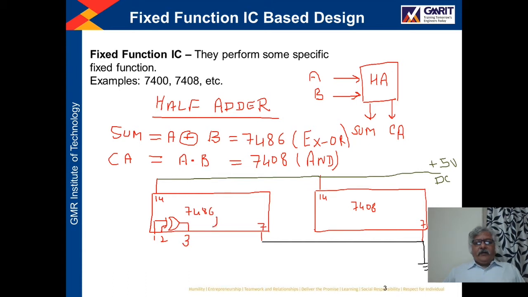In the same way there is another XOR gate, XOR gate number 2. It also has 2 inputs. Pin number 4 and pin number 5 are the inputs, and pin number 6 is the output. Now there is a third XOR gate, and there is a fourth XOR gate.